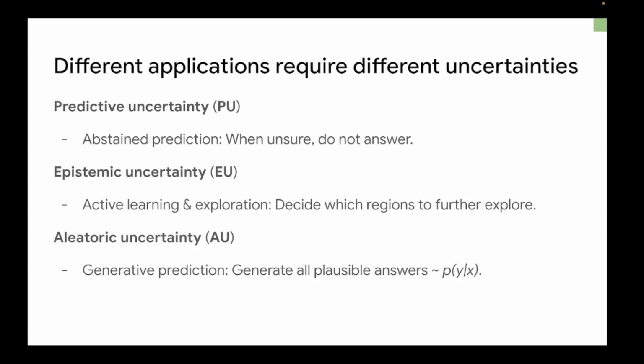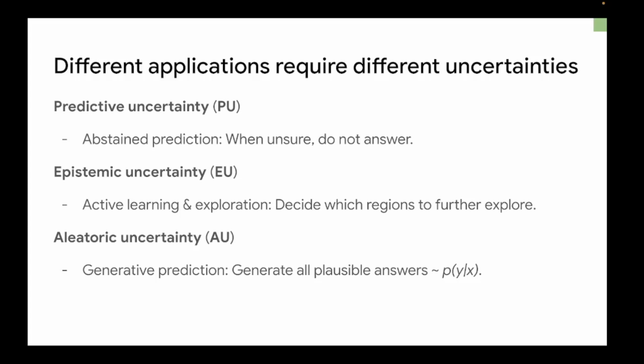Epistemic uncertainty is typically very useful for active learning or exploration problems, because that tells you which regions you have to further explore to gain a maximal amount of knowledge with a fixed budget. Aleatoric uncertainty is used for generative prediction, for example.